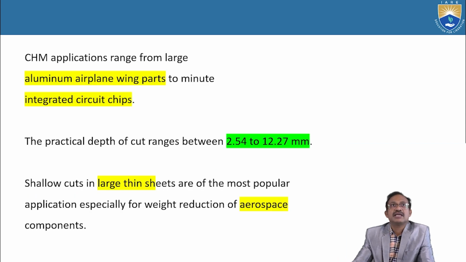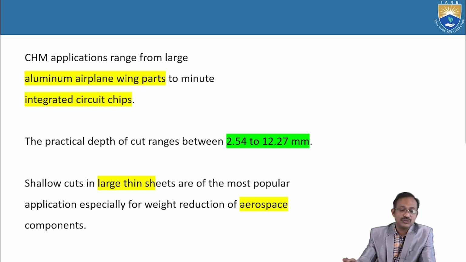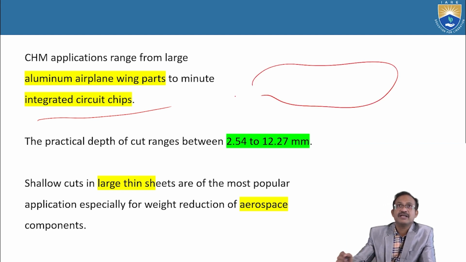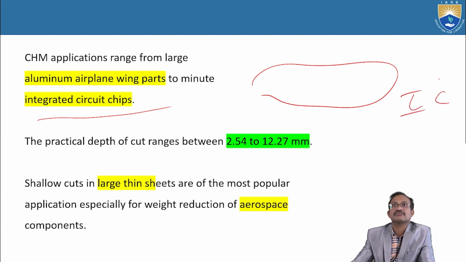Right. Chemical milling applications range from large aluminum airplane wing parts to minute integrated circuit chips. So, big aeroplane wings to small integrated chips, ICs. Those are very small.